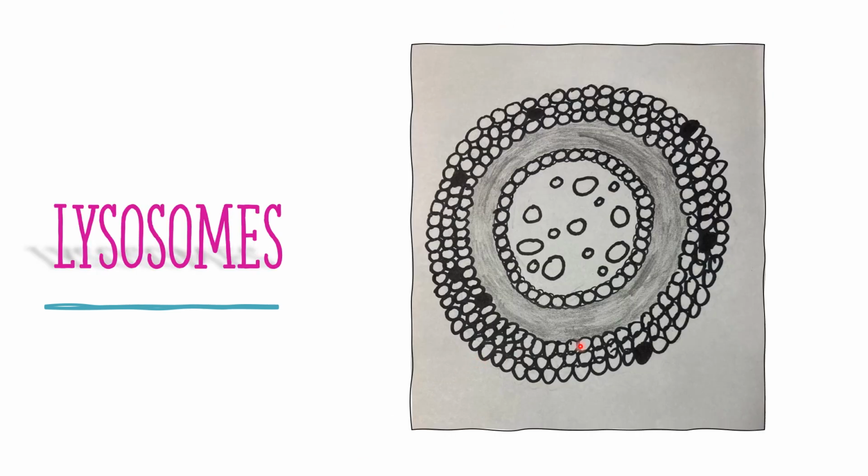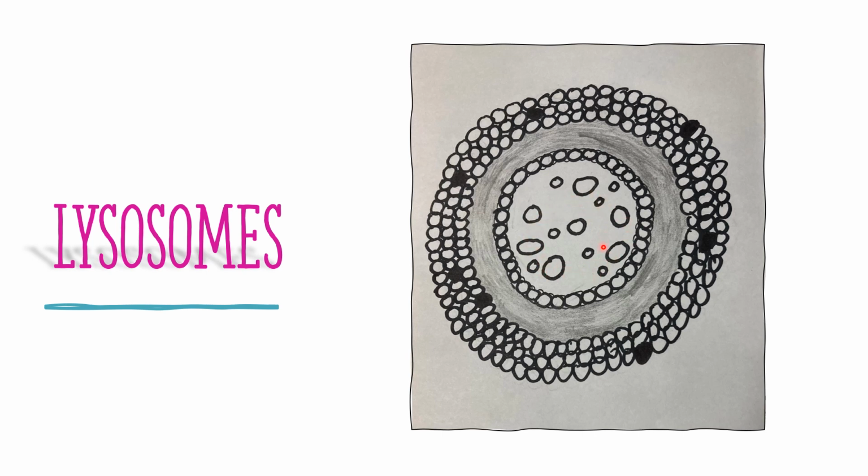So this is a lysosome. It doesn't look like it, sorry for the drawing. This is a specialized type of Golgi vesicle that travels around the cell and breaks down organelles and particles. So it basically cleans around the cell for any organelles or particles that are not supposed to be there.